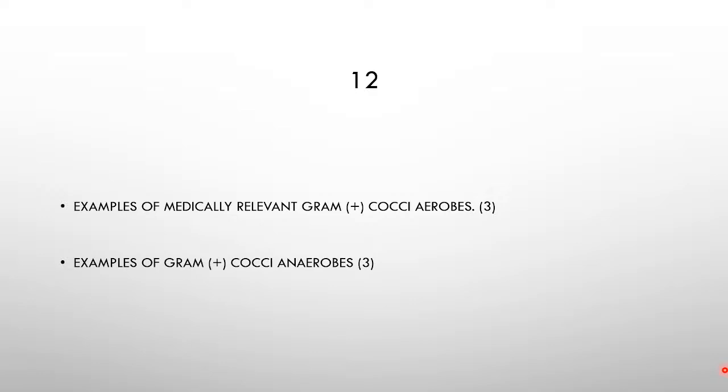Okay. Medically relevant. I've already said it: coagulase positive, beta hemolytic, grows on blood agar. Nothing really. Come on, guys. Oh, someone raised a hand. Who raised a hand?